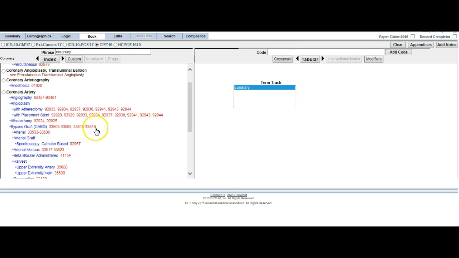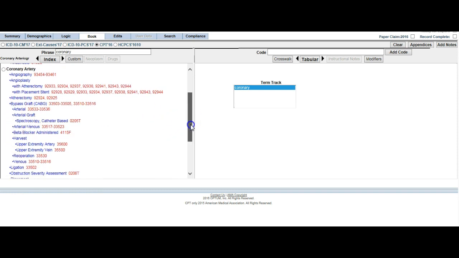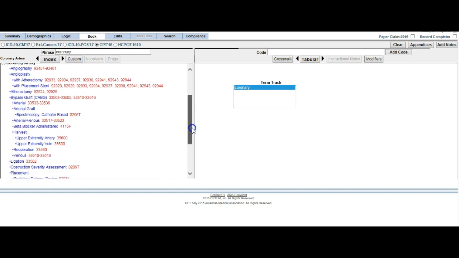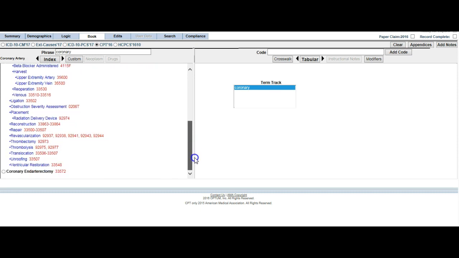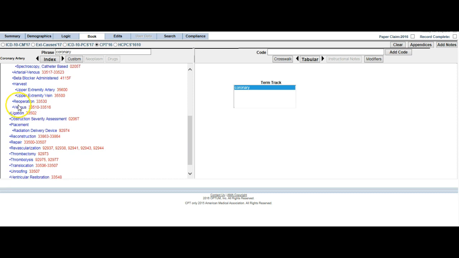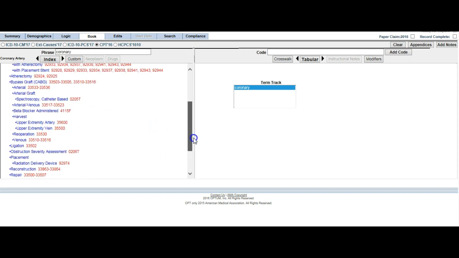It's giving us the same code range that we would run into if we go to the word CABG, but we have two separate indentions underneath. We have an indention for arterial, which is what happened today. And if we go a little bit further down, we should see an indention for venous, which is also what happened today.